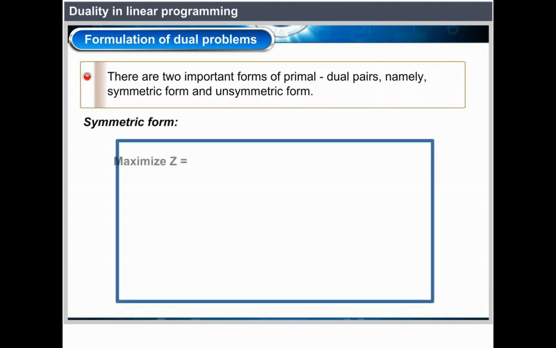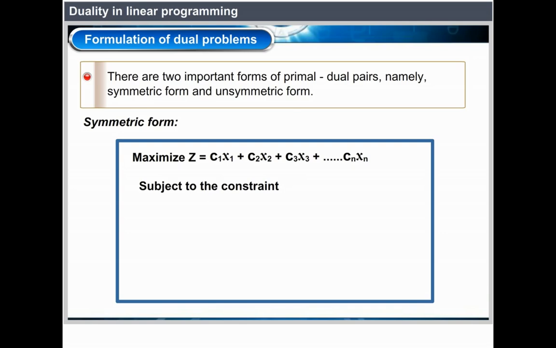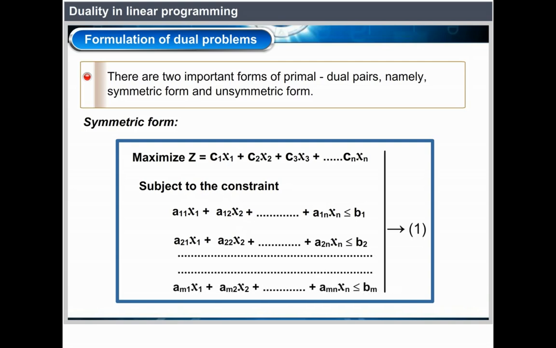Symmetric form: maximize Z equal to C1x1 plus C2x2 plus C3x3 plus etc. Cnxn, subject to the constraints A11x1 plus A12x2 plus etc. A1nxn less than or equal to B1, A21x1 plus A22x2 plus etc. plus A2nxn less than or equal to B2, etc. Am1x1 plus Am2x2 plus etc. Amnxn less than or equal to Bm.